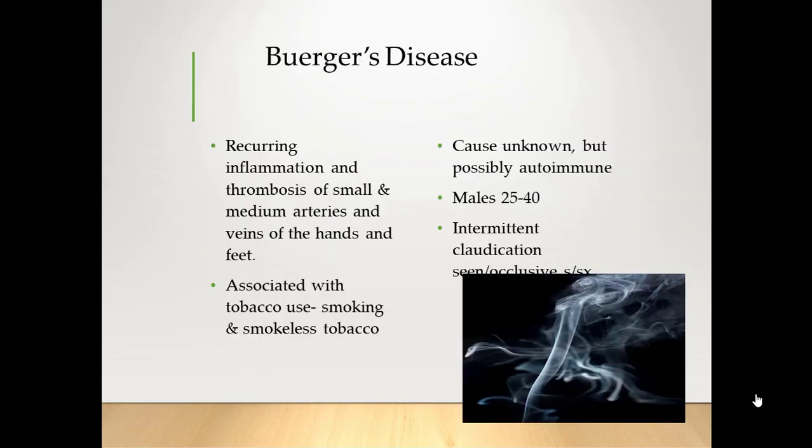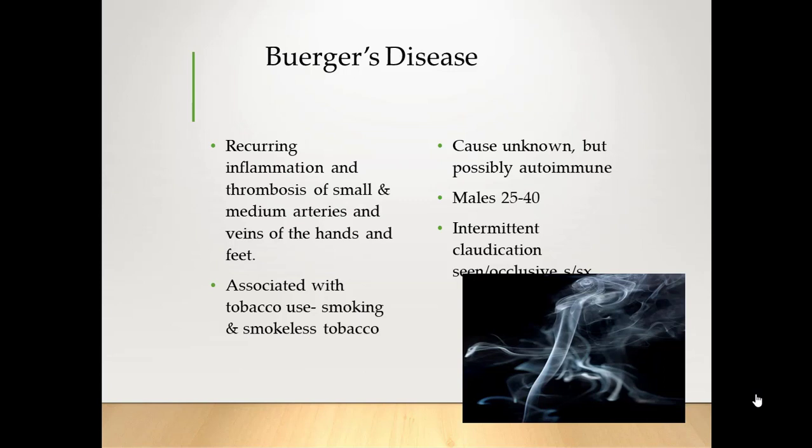So, moving on to Buerger's disease. This is inflammation and blood clotting of small and medium arteries in the hands and the feet. Generally in males, it can cause intermittent claudication. But the biggest factor of Buerger's disease is that they have linked it to smoking cigarettes and smokeless tobacco like chewing tobacco.